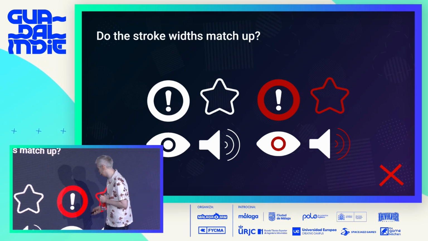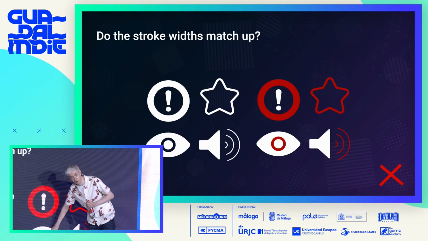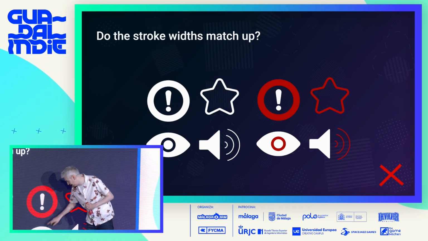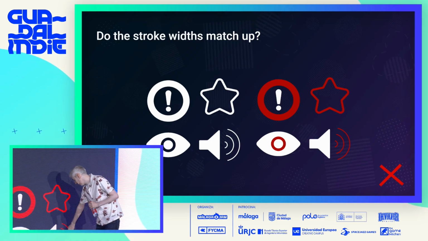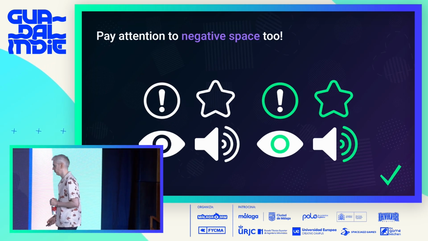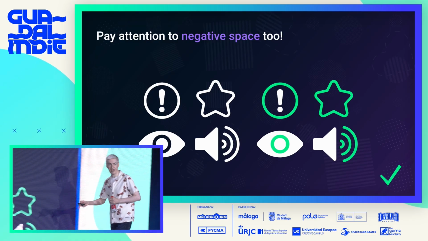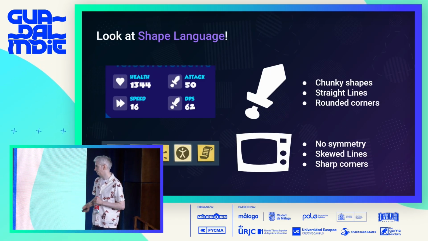So you can see here, for example, this is thicker than this. Negative space is also considered a stroke, so that there is less thick than that, and that's thinner, so it's not good. But just unifying the strokes is a really, really simple way of making sure that it's consistent across the board.